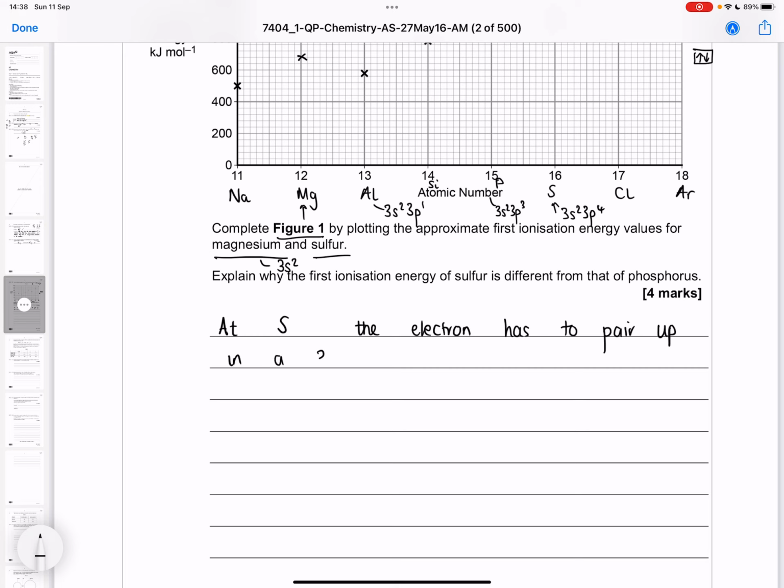In a 3p orbital. Now, you can't just say p orbital because sulfur's got 2p orbitals as well. In a 3p orbital. Then this causes a repulsion. So less energy is needed to remove the electron.